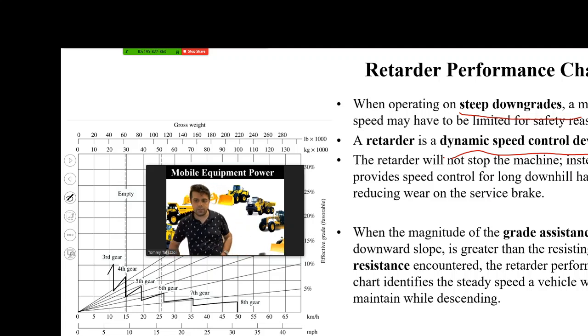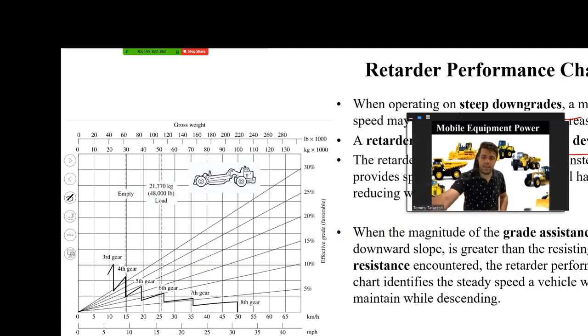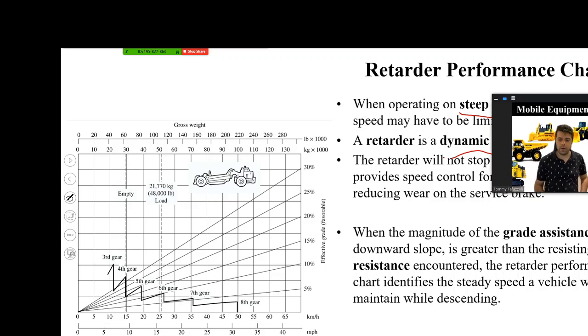When the magnitude of the grade assistance, the downward slope, is greater than the resisting rolling resistance encountered, then the retarder performance chart identifies the steady speed a vehicle will maintain while descending.